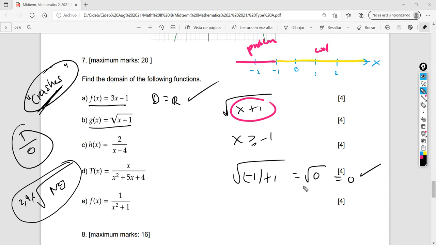Now give any value a little below -1, anything below -1, and this will crash. Give x any value above -1, and this will be safe. And that's it. What is my domain? This is my domain.